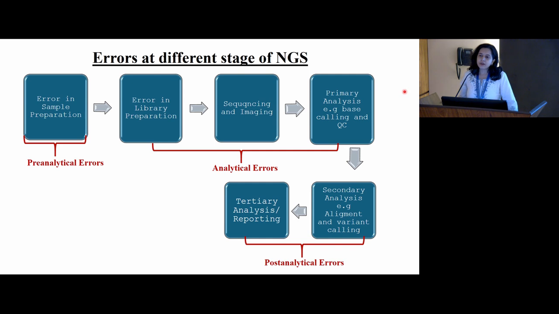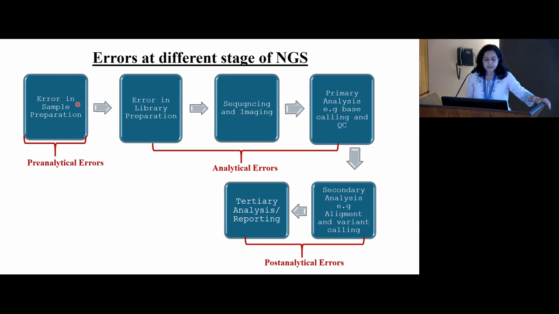Because when you are going to establish a NABL laboratory, your pre-analytical, analytical and post-analytical procedures should be proper, adequate and as per the guidelines. So errors should be countered, and they should not happen in your system regularly. Based on the NGS workflow, we can divide these errors into pre-analytical, analytical, and post-analytical errors.